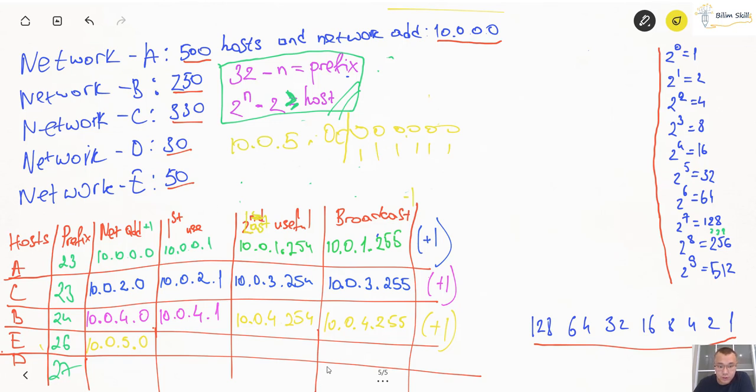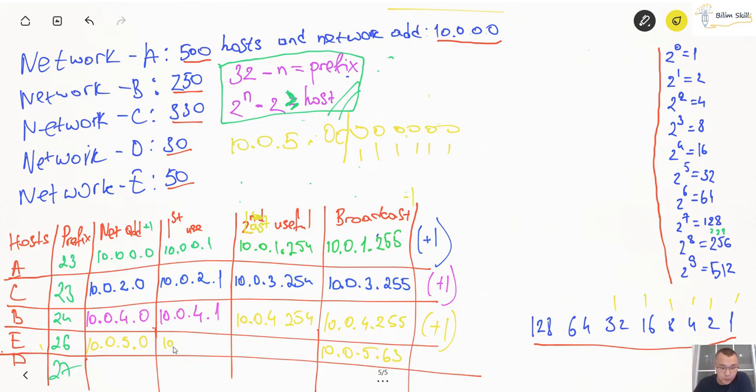And the broadcast address will be 10.0.5 and, here all are 1, right? So let's add them: 10, 20, 30, 31, 63.